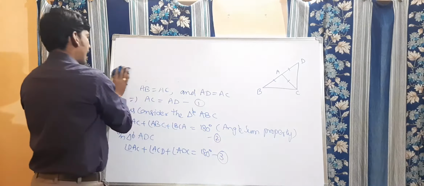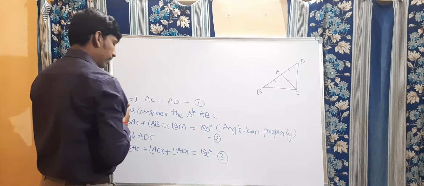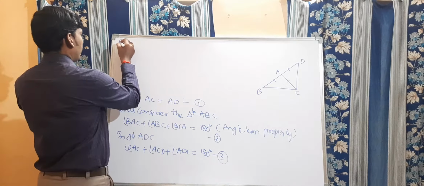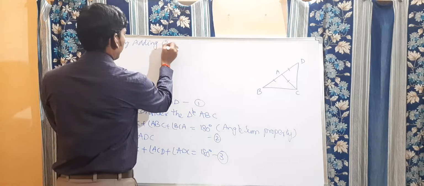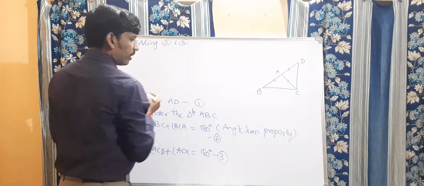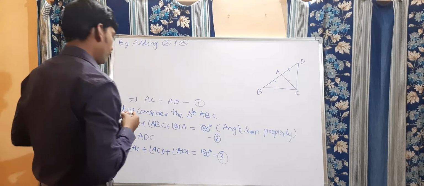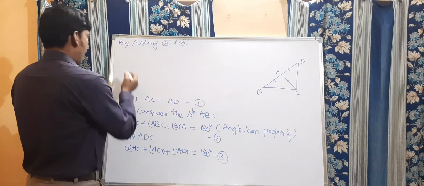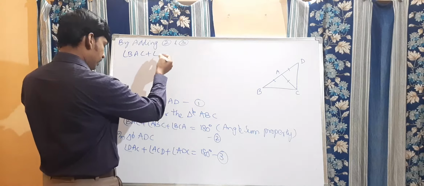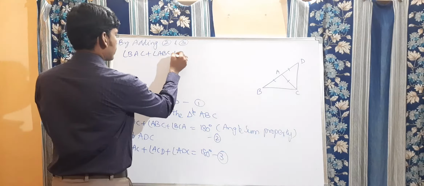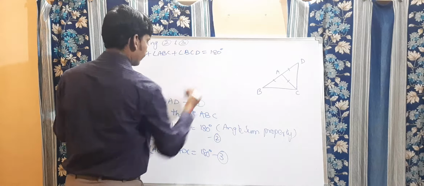So by adding these two, now see this here, angle BAC plus angle ABC plus angle BCA is equal to 180 degrees.